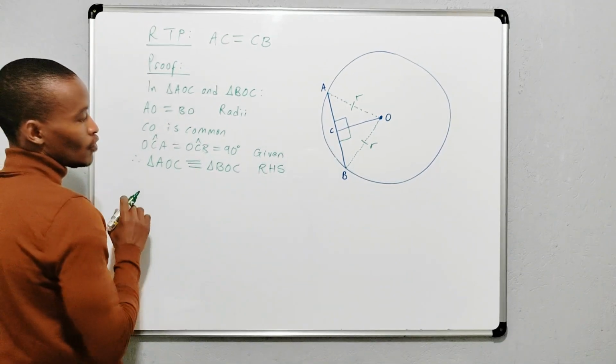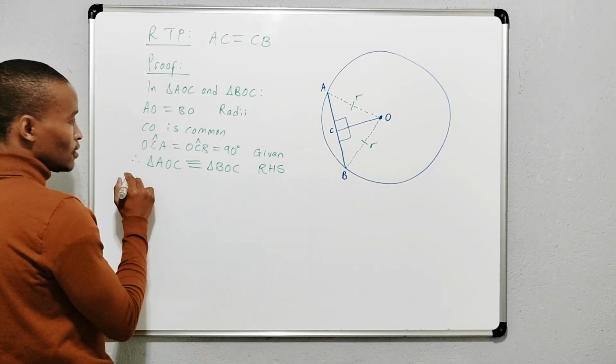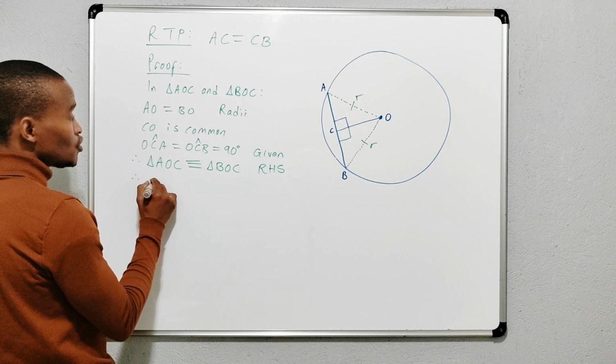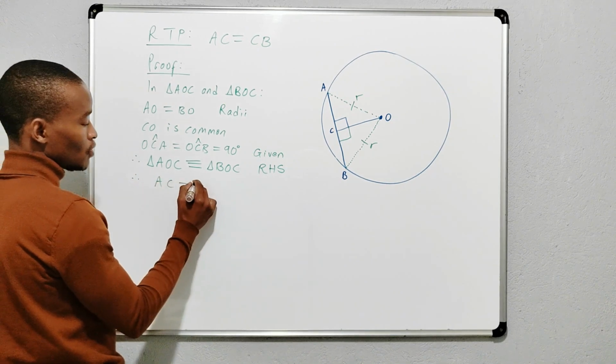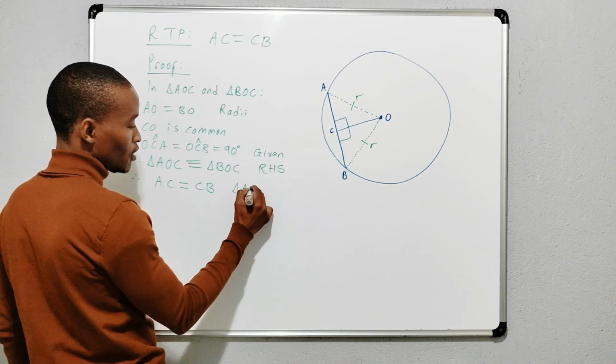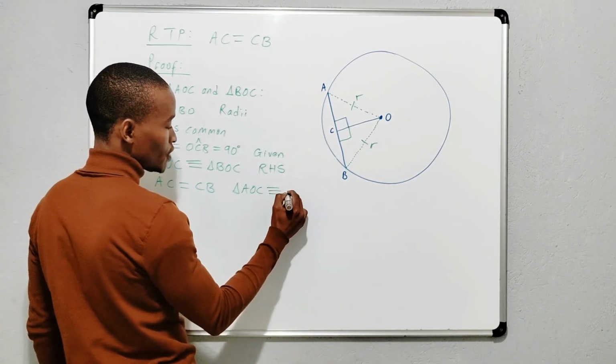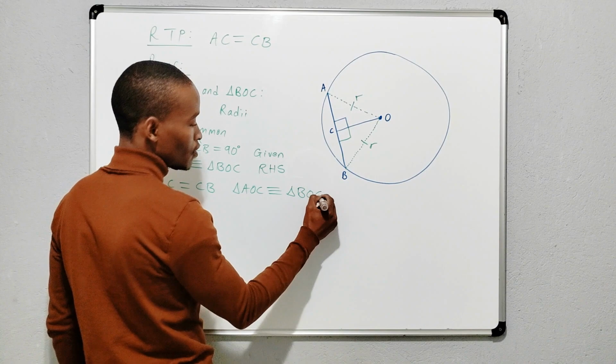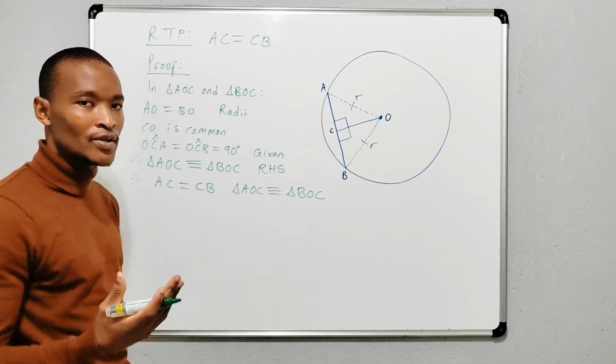So therefore, we have the equality of the two sides. AC is equal to CB. Why? Because triangle AOC is congruent to triangle BOC. And that's where you leave it.